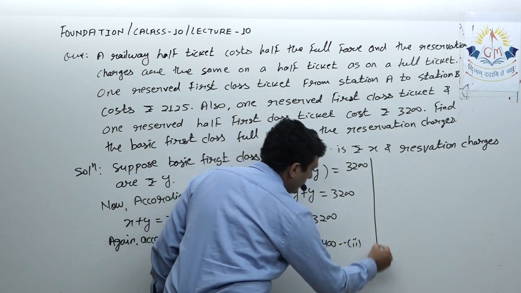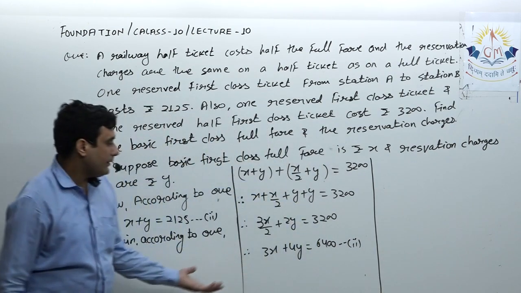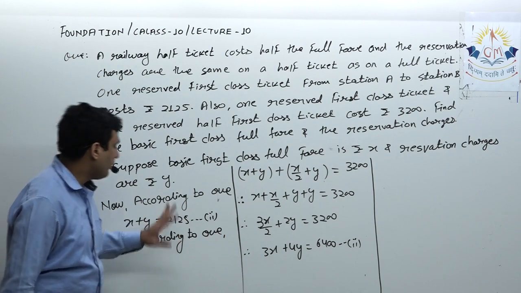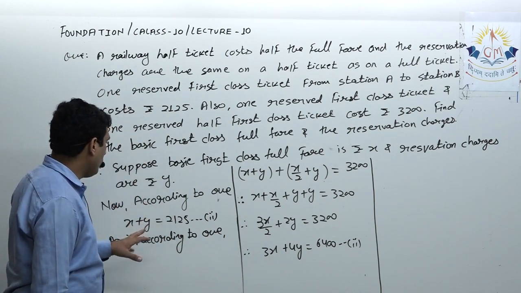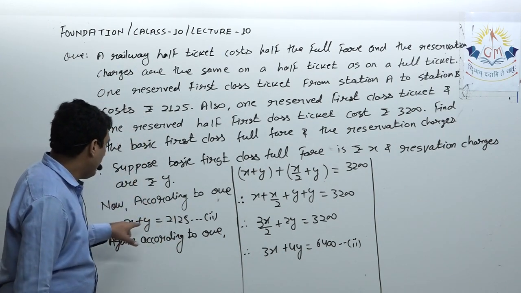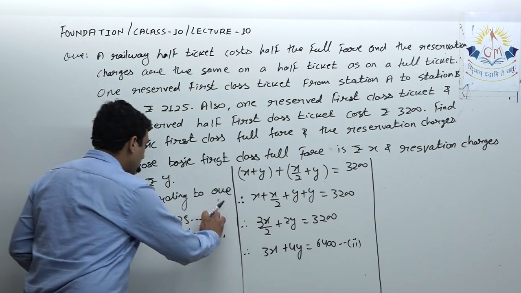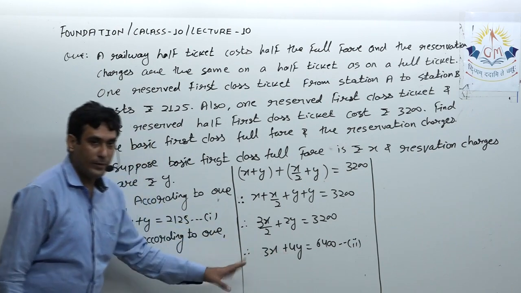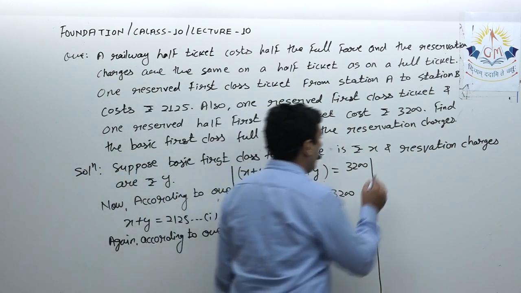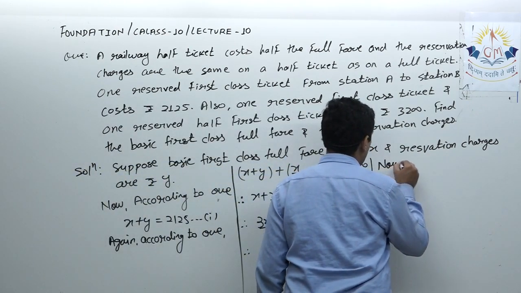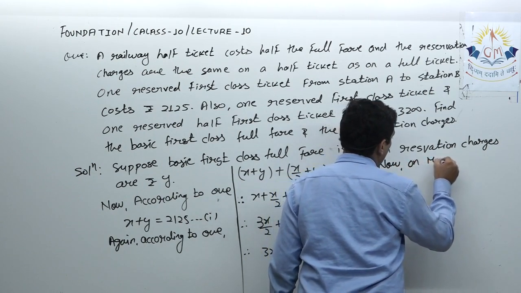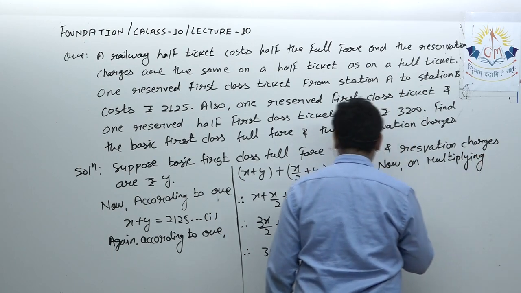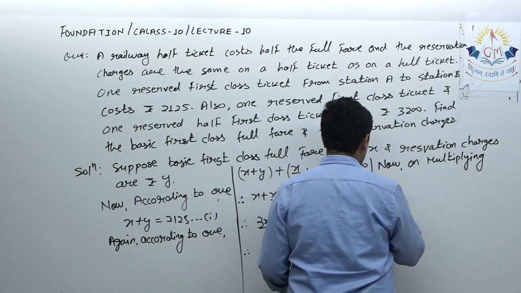Now it is almost done in the sense that we actually got the equations. After finding the equations, it is easy to solve the pair of linear equations in two variables. Now what I will do, I will multiply equation 1 by 4 so that the coefficient of Y becomes the same.